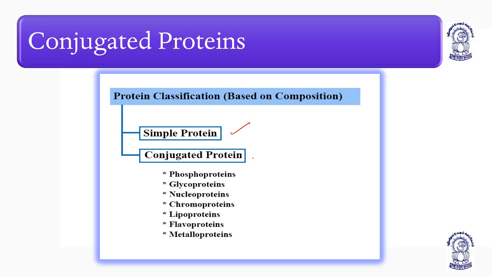Conjugated proteins are further classified as nucleoproteins, chromoproteins, lipoproteins, flavoproteins, metalloproteins, glycoproteins, and phosphoproteins, based on a non-amino prosthetic group.